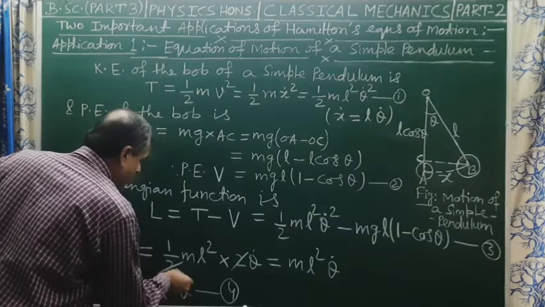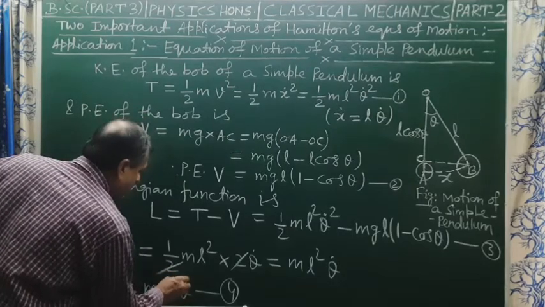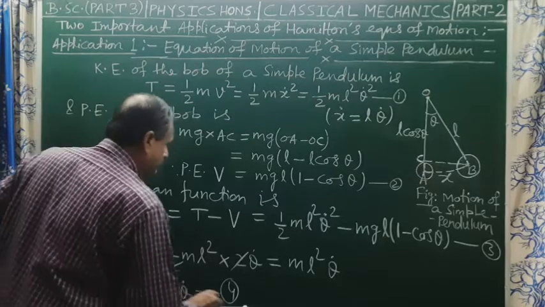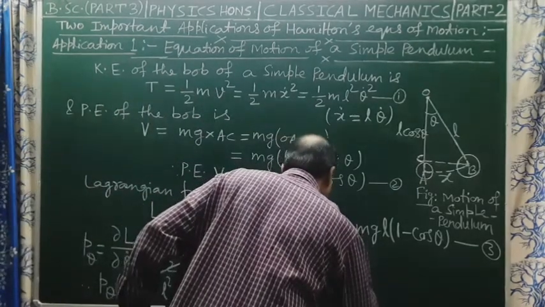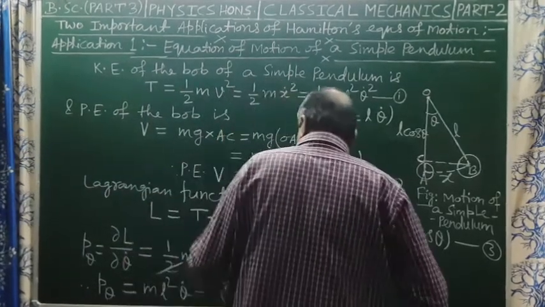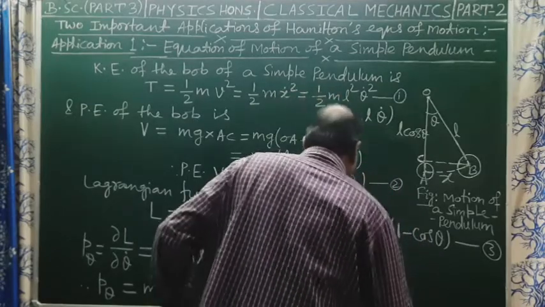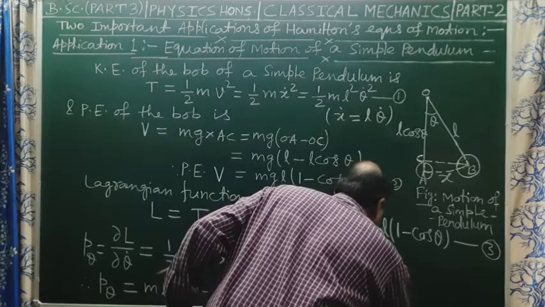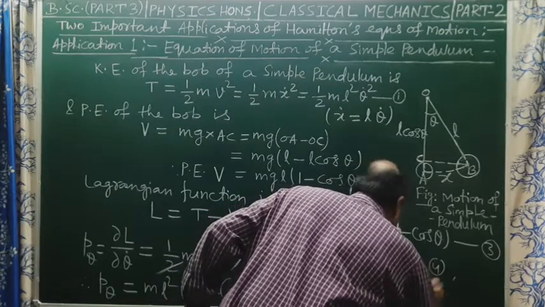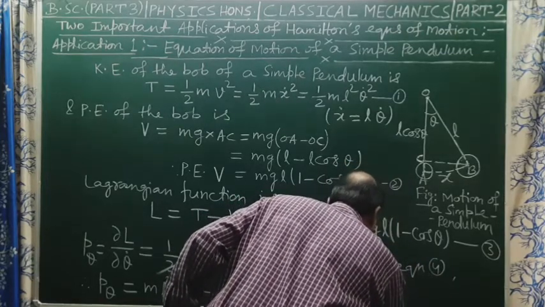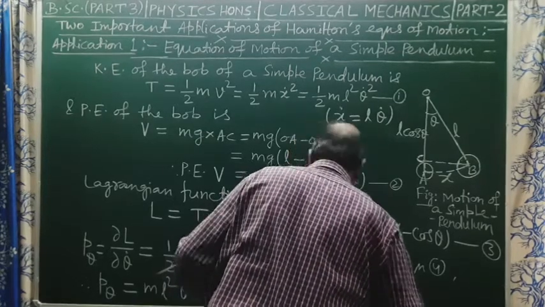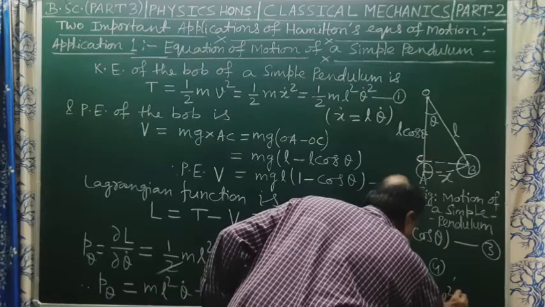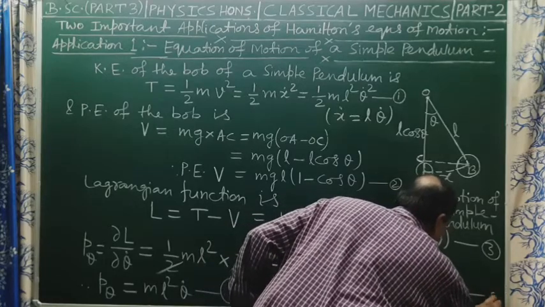Here theta dot, that is d theta upon dt, is the rate of change of angular displacement, which is angular velocity. So from equation 4 we obtain theta dot equal to p theta upon mL square, and this is equation number 5.